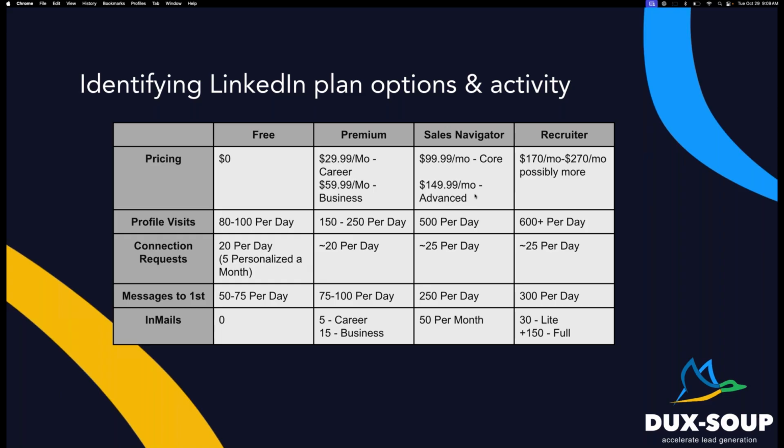Now, let's get specific here. On a free LinkedIn account, where you're not paying for anything, and assuming you're out of the probationary period, you can send about 20 invites per day. If you want to put a message in your invite, you can send about 5 of those a month.